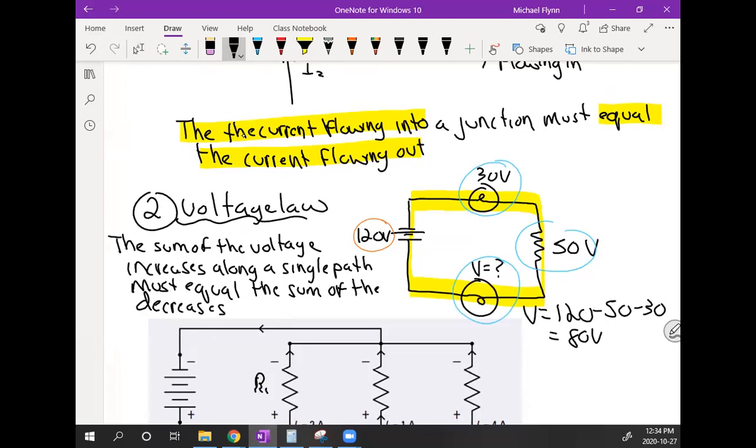Okay, it must equal the sum of the decreases. So the key word here is the single path. Okay, so that's along a single path.